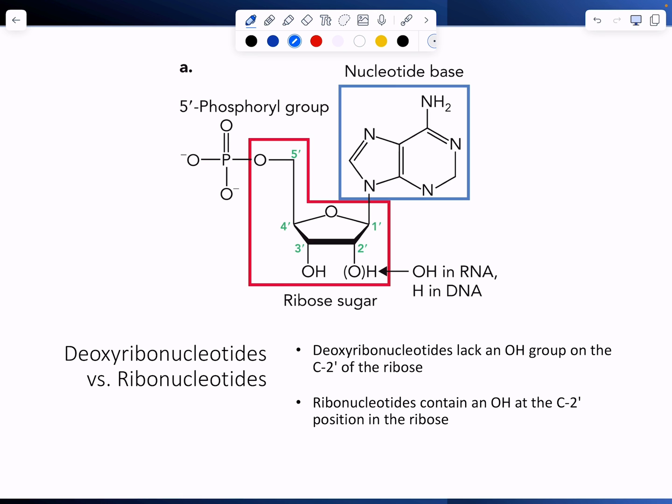Okay, so we'll go over this a lot more again when we go through chapter 3, but there are 3 basic parts to a nucleotide, okay? So there's the base that's shown in blue, and then there is a sugar entity, and it is ribose in RNA, okay, and it's deoxyribose in DNA, okay.